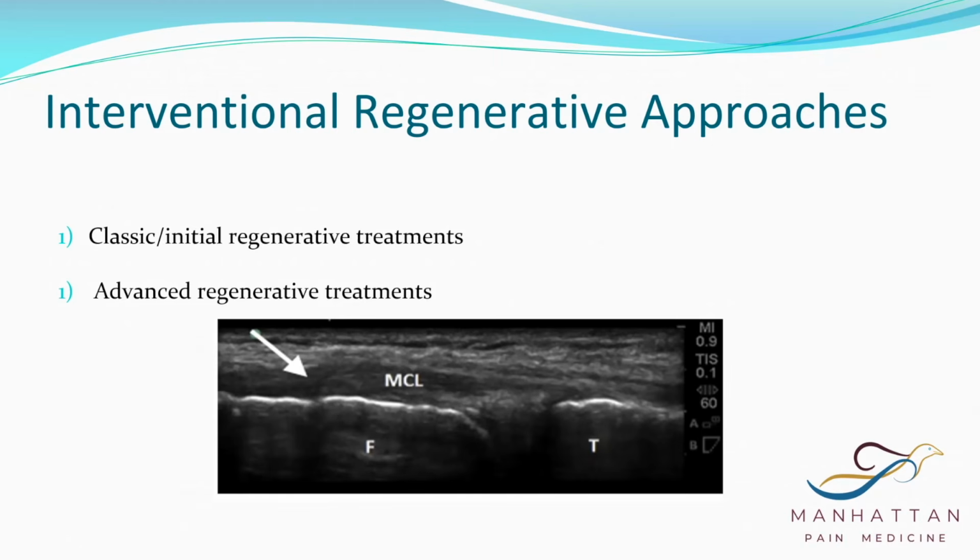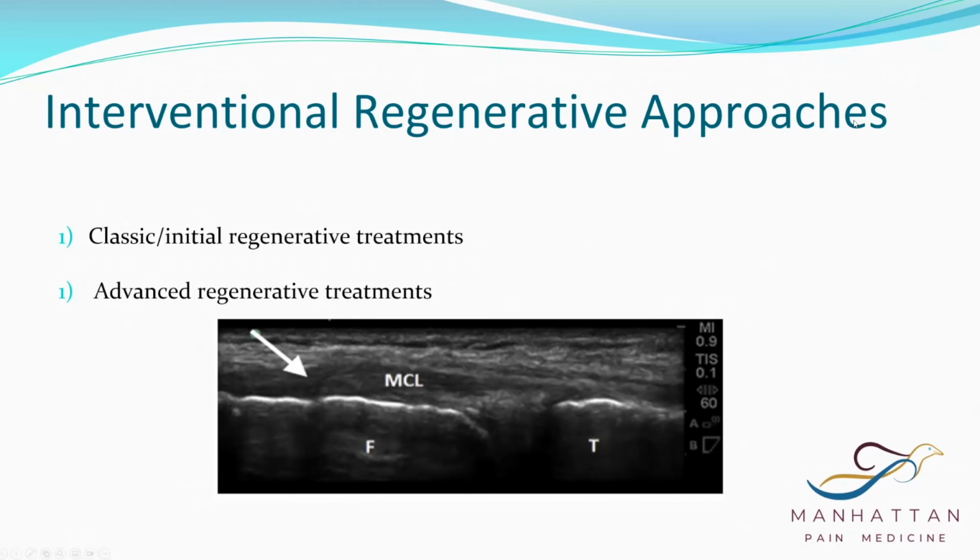Here, the arrow is pointed towards the deep aspect of the MCL, and we can see that it's a darker tissue than the part of the MCL on the right hand side of the screen, where it's lighter and you can see the fibers a little bit.